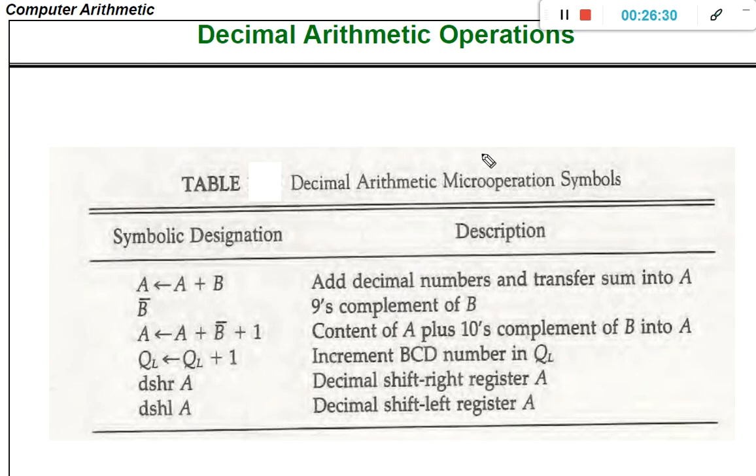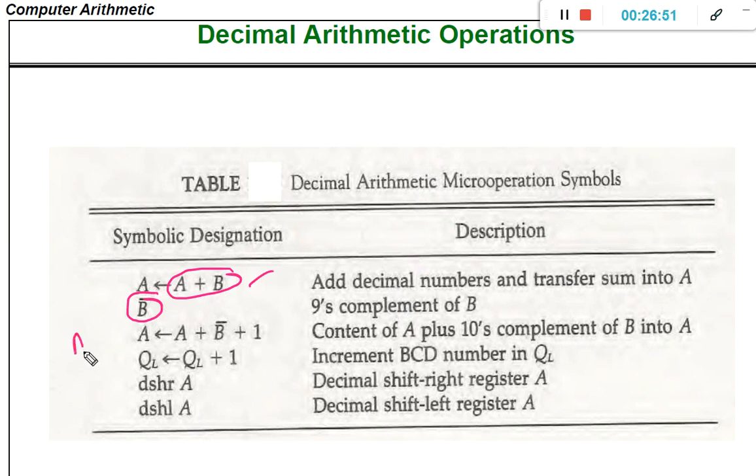Using decimal arithmetic operations, we are going to perform the operations that we did in the case of binary arithmetic. We can perform the addition operation a plus b. We can perform the 9's complement of b, which we have seen previously.